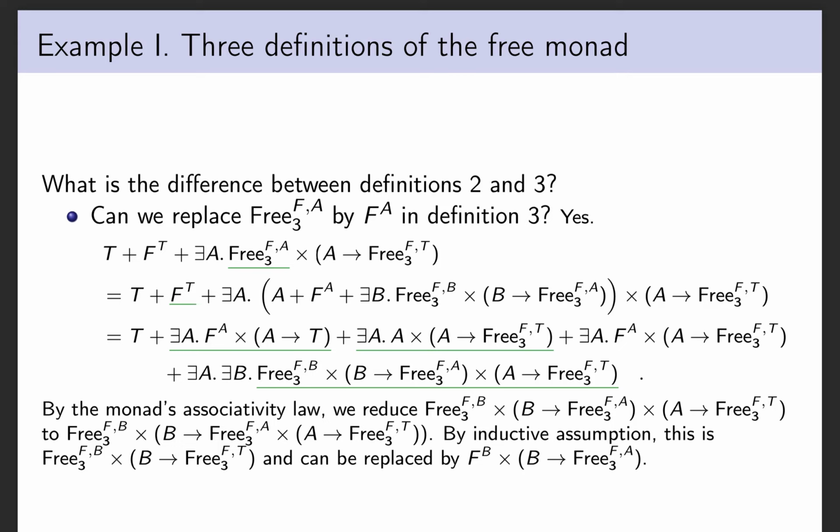So this is a computation that I could explain in about 5 minutes. I don't know if you want to listen to this, but I would just say how this is done. I'm writing a formula for this type. And this type is recursive, so Free 3 is defined in terms of Free 3.